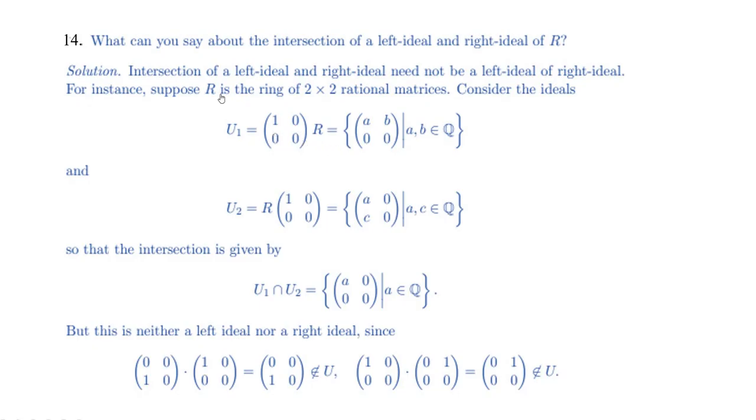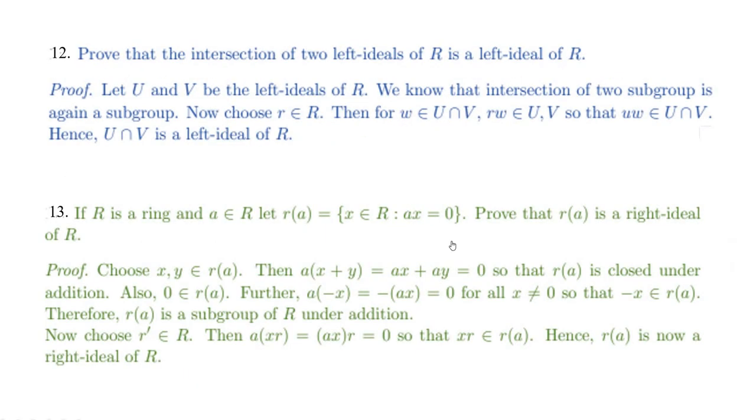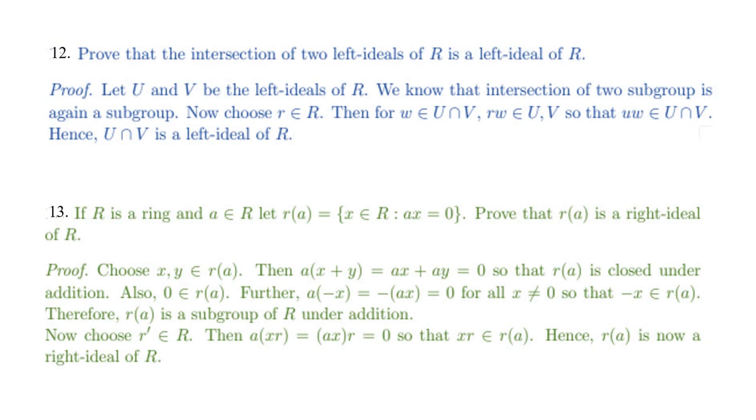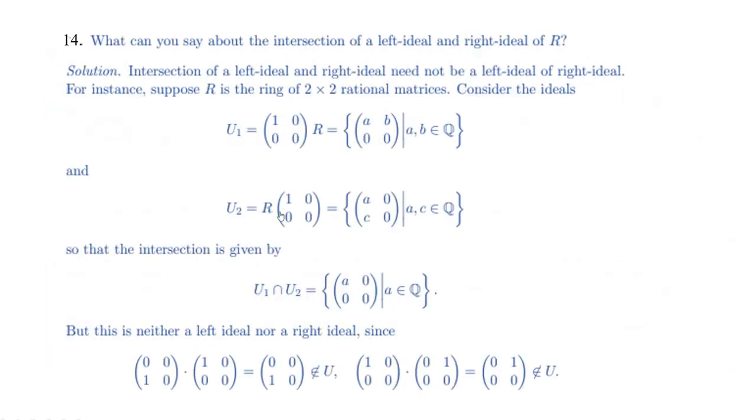So we know that AR, when R is not commutative, AR is a right ideal, and RA, if R is not commutative, RA is only a left ideal. So we have RA to be a left ideal, and this is a right ideal. So U1 is right and U2 is left.